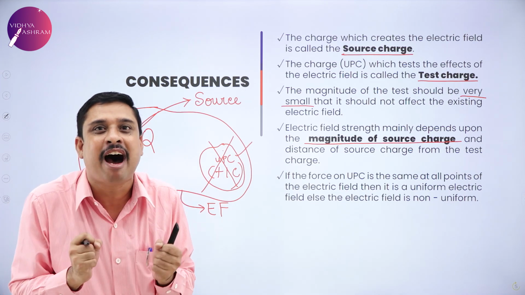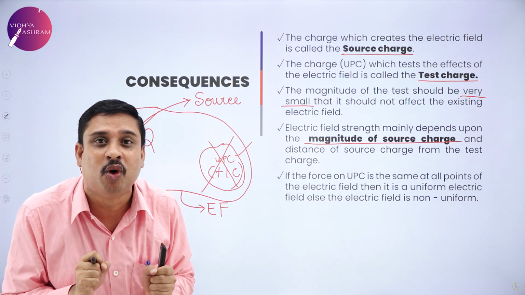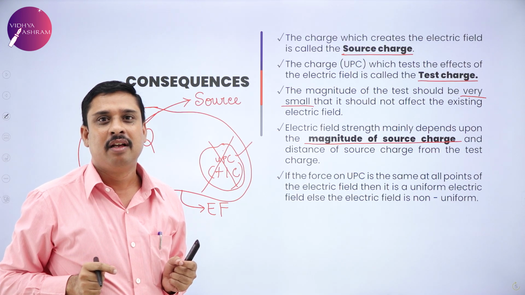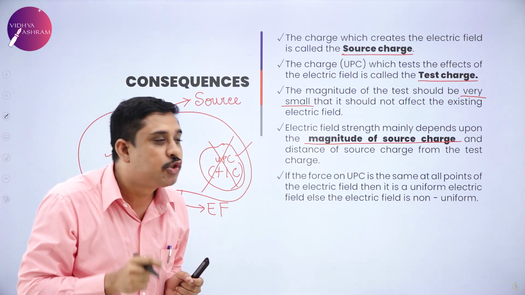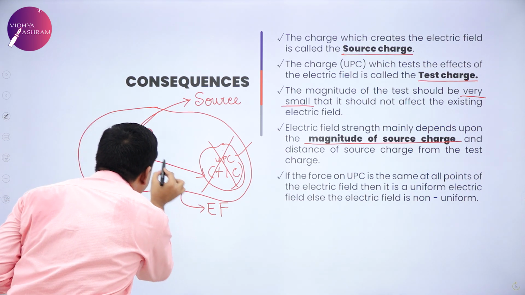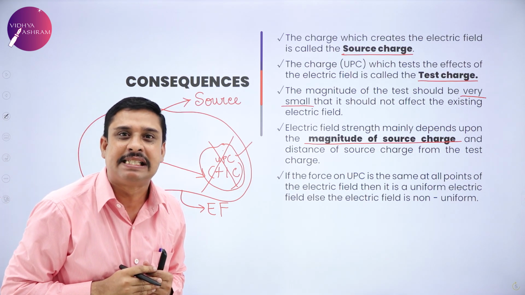So the point charge should have sufficient magnitude to create a strong electric field. And then it also depends upon the distance between the source charge and the test charge.